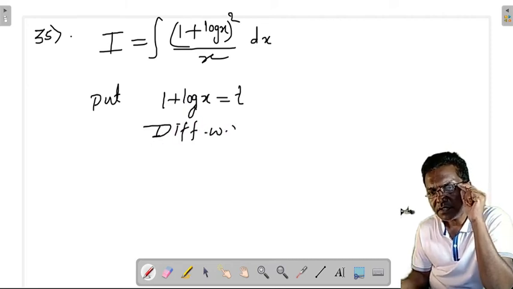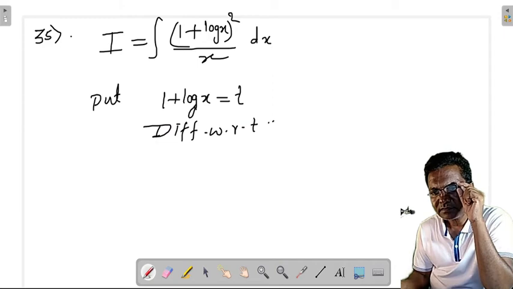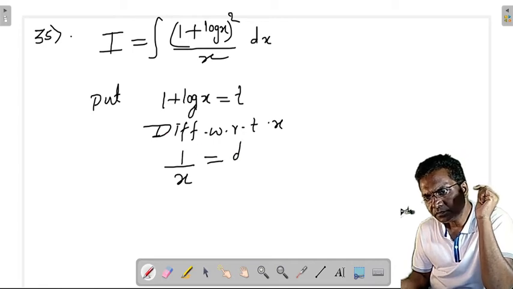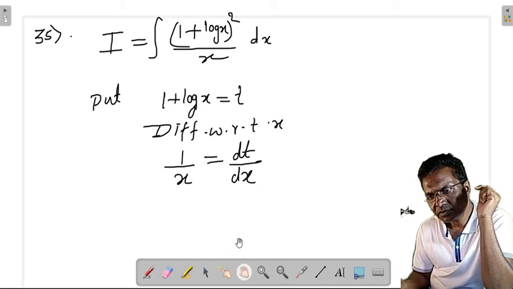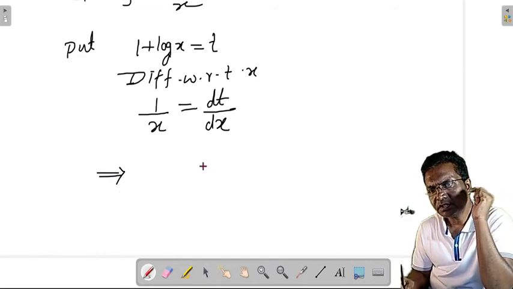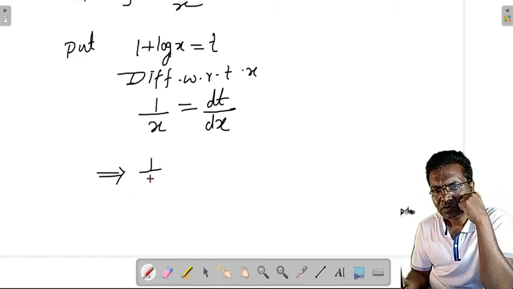So differentiate with respect to x. The derivative of log x is 1 by x, the derivative of 1 is 0, equals dt by dx. So 1 by x dx is dt.